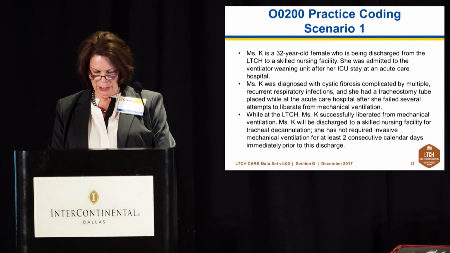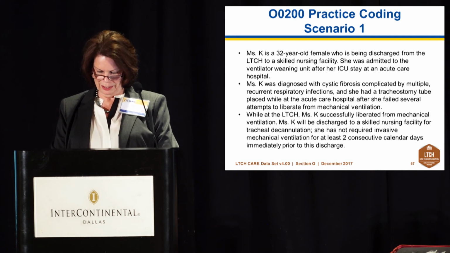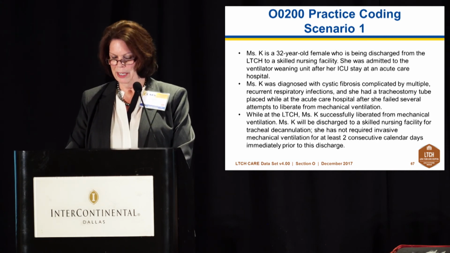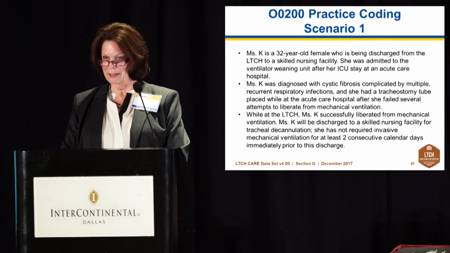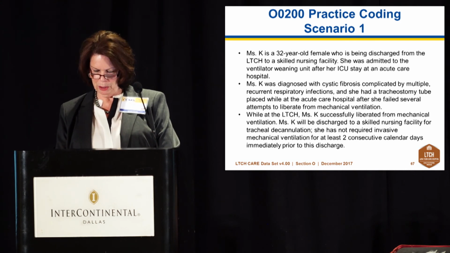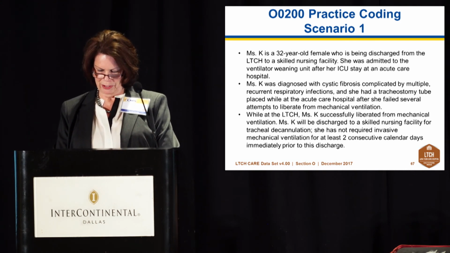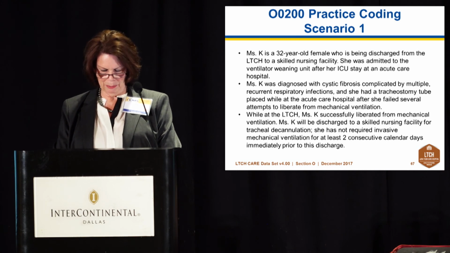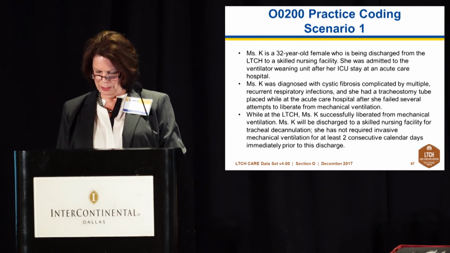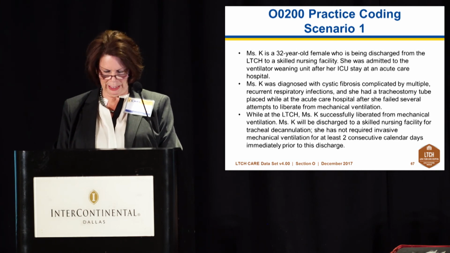Ms. K is a 32-year-old female who is being discharged from the LTCH to a skilled nursing facility. She was admitted to the ventilator weaning unit after her ICU stay at an acute care hospital. Ms. K was diagnosed with cystic fibrosis complicated by multiple recurrent respiratory infections, and she had a tracheostomy tube placed while at the acute care hospital after she failed several attempts to liberate from mechanical ventilation.